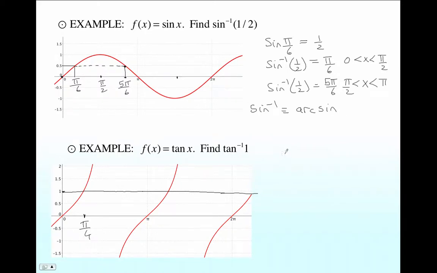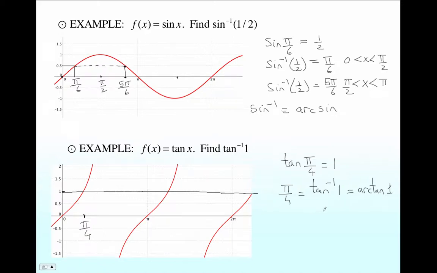Remember, what you learned was that tan of pi by 4 is 1, and so you would write pi by 4 is tan inverse of 1, or sometimes you write this as arctan of 1.